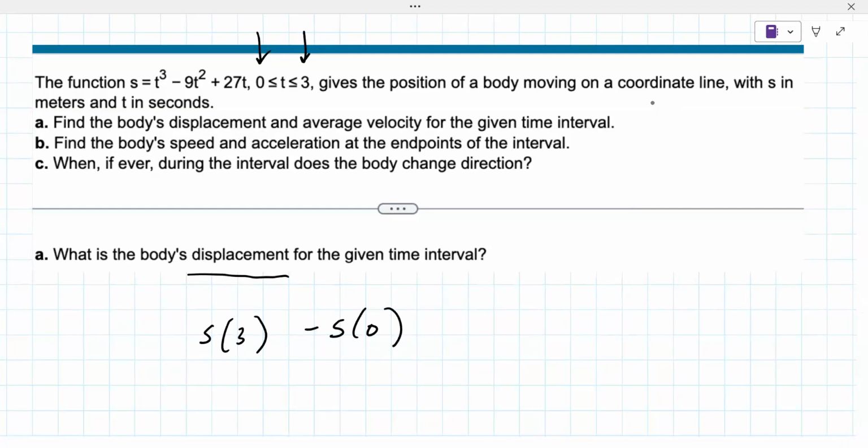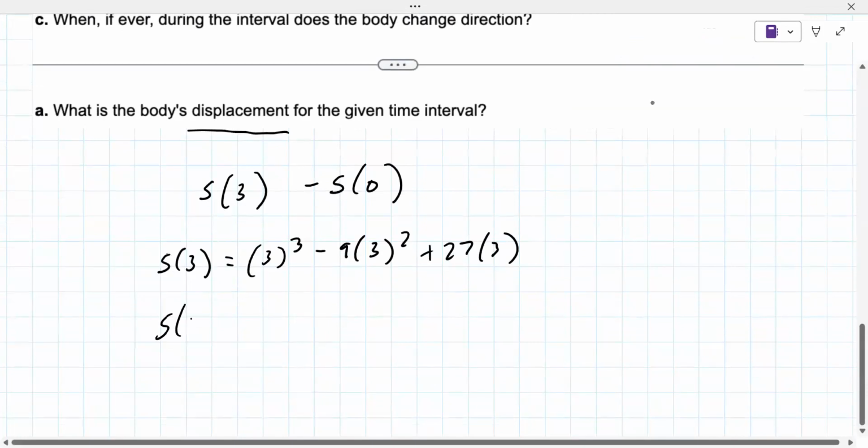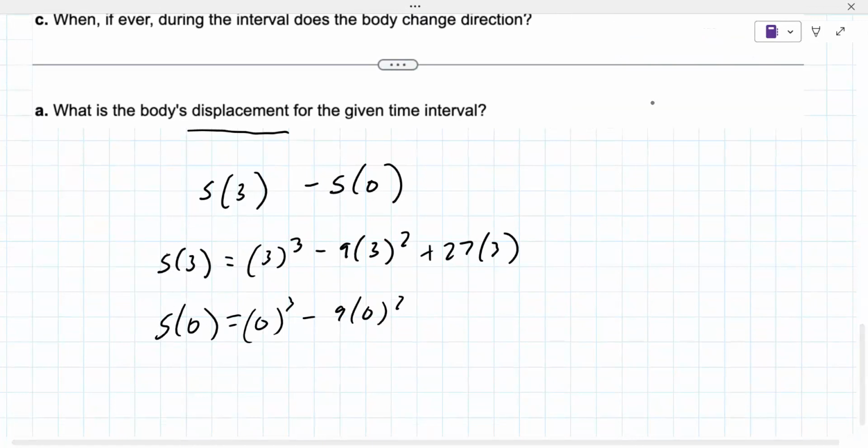I'll leave it up to you if you want to do that. S of 3 means to put 3 in for t. It's 3 to the power of 3 minus 9 times 3 squared plus 27 times 3. The 0 is a bit easier. It's 0 cubed minus 9 times 0 squared plus 27 times 0, which is 0.